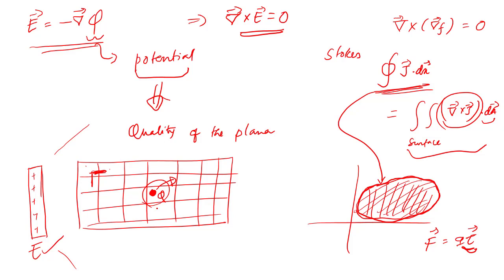This electric field itself doesn't give you any idea of energy directly, but this phi gives you some idea of how much energy the field around it can cause in a test charge like this.